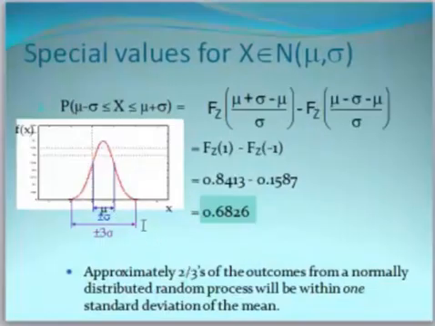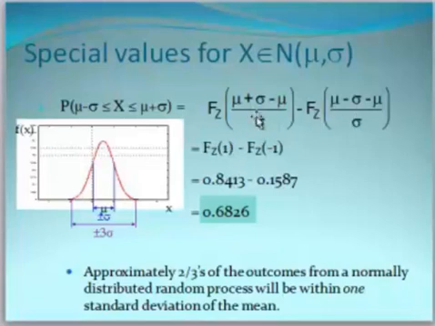Look at what this is saying. If we take, as is the usual convention, the mean plus the standard deviation, here's the mean right here, and we go up 1 standard deviation, that's the same as saying we're at the mean plus one standard deviation. If we plug it into the z-value formula, it's mu plus sigma minus mu over sigma.